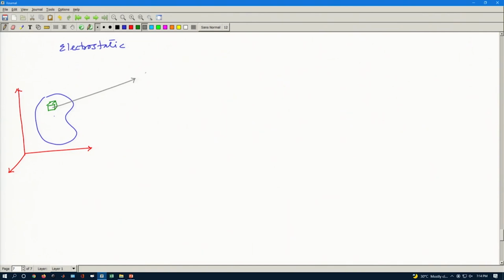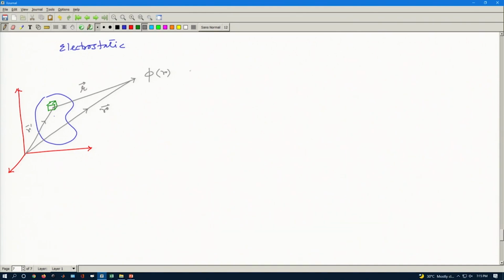What is phi, which is a function of r? From here to here we had r prime, and from here to here we had the r vector, this was curly r.